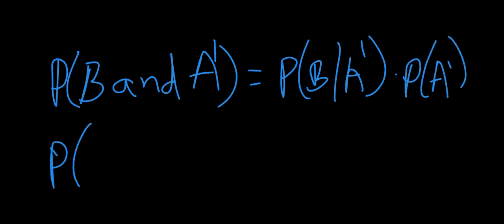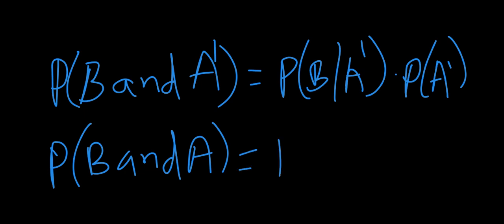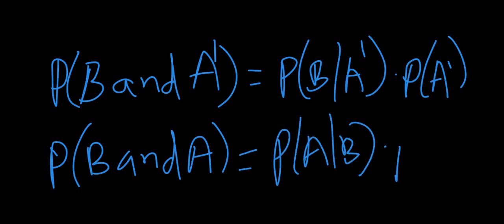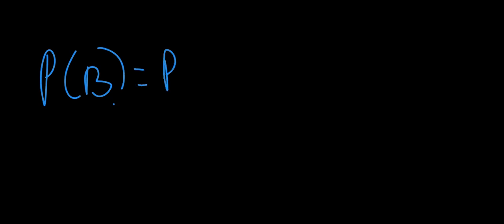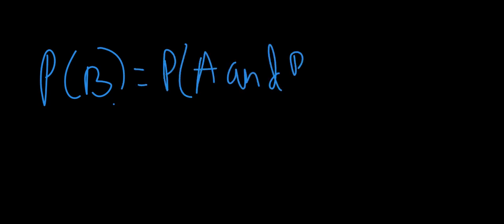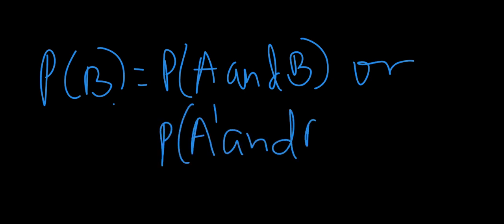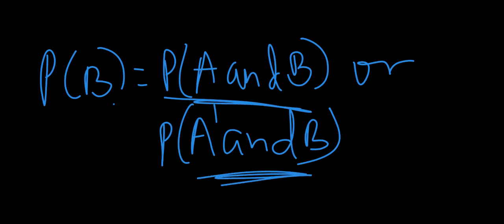B and A is the same thing as A and B. So yeah, we can just sub our values in, where we have the probability of B, A and B, or not A and B. So we sub our values for these two.